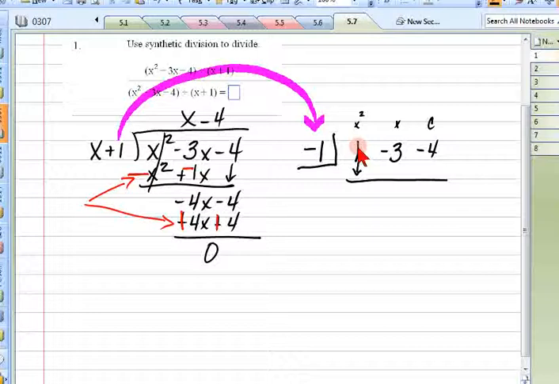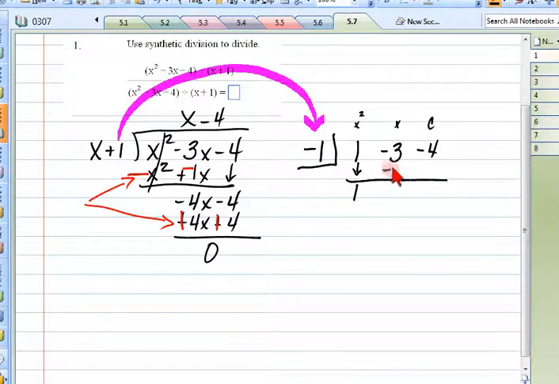I need to always bring this number straight down, whatever it is, bring it straight down. Now, in division, once you've, by the way, your answer shows up down here, don't you then multiply? Well, we're going to multiply. What's 1 times negative 1? Negative 1. 1 times negative 1 is negative 1.